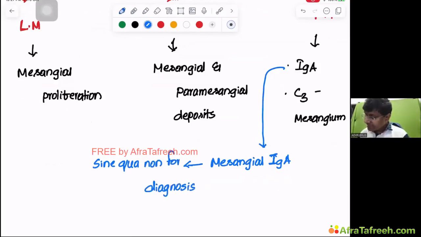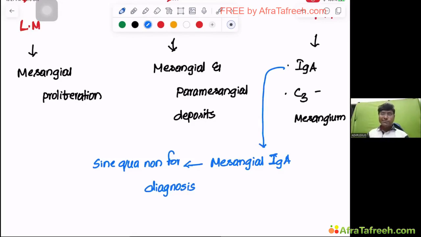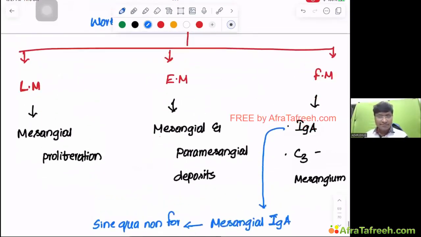That means if there is IgA in the mesangium, it is suggestive of IgA nephropathy. So this is about the workup.